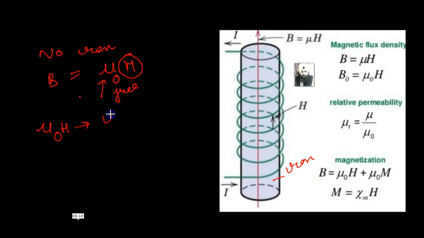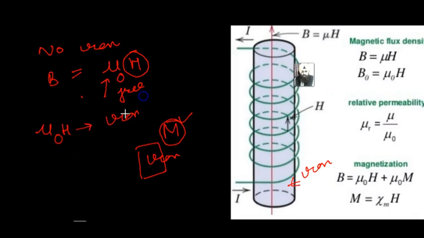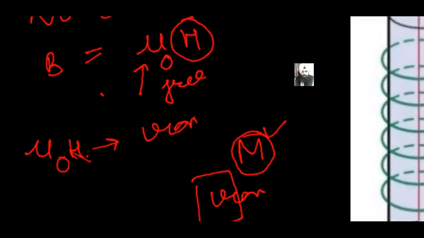This iron gets magnetized. When it gets magnetized, it also produces a magnetic field intensity, termed as intensity of magnetization M. M is induced by what? Mu naught H. Mu naught H induces M.